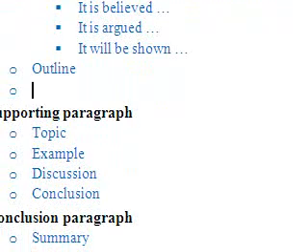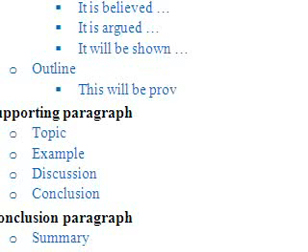Now finally, when you get to your outline sentence, this is where you want to bring up 2 points that will support your thesis. So we might start this sentence by saying something like, this will be proven by analyzing, and then we'd go on to state point number 1 and point number 2.